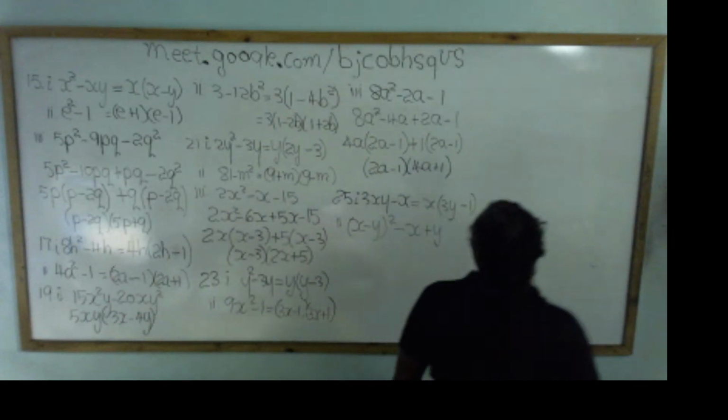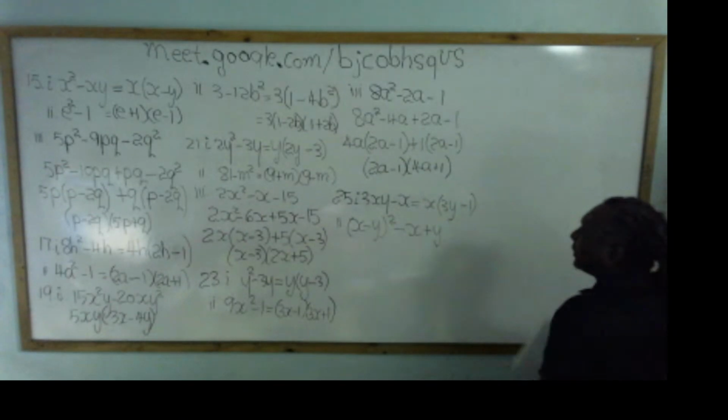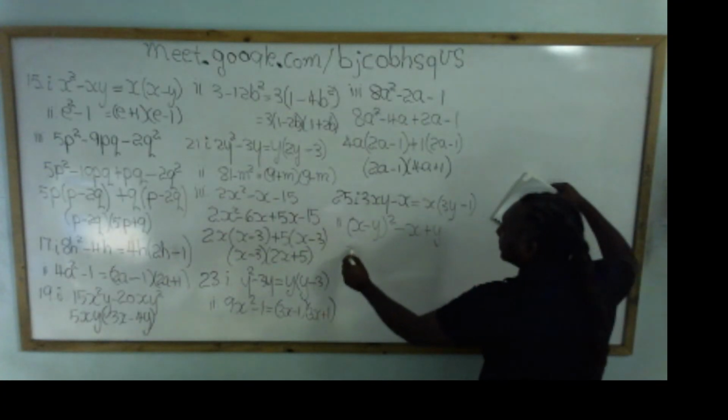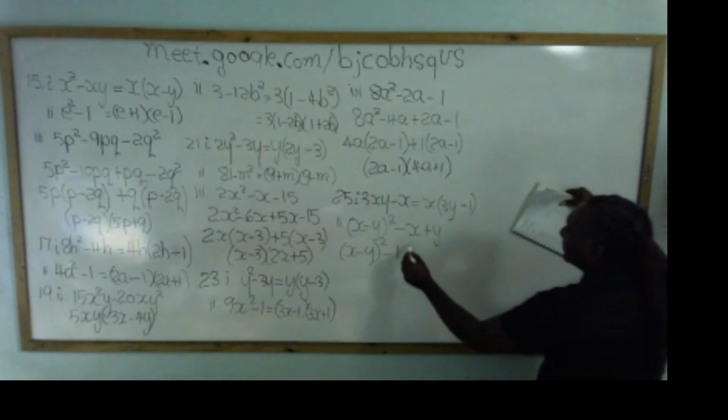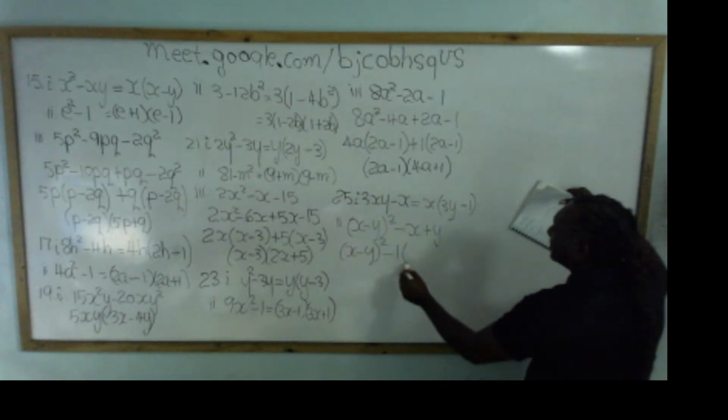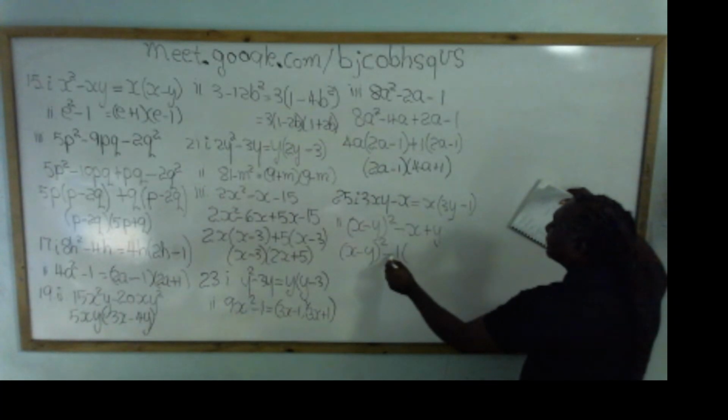Of course, look at my first step. (x minus y) all squared, minus 1. Negative into negative is positive, and of course 1 into x is x.